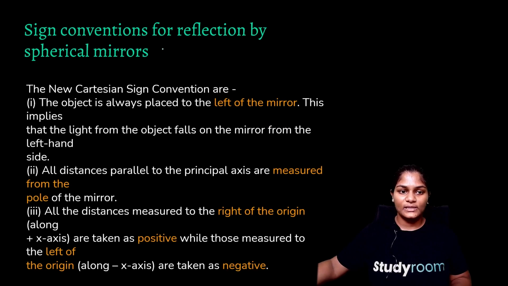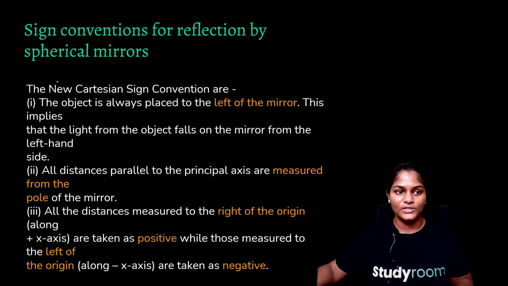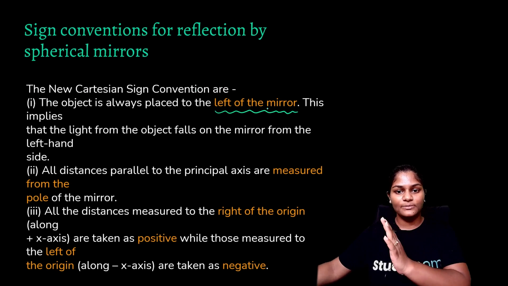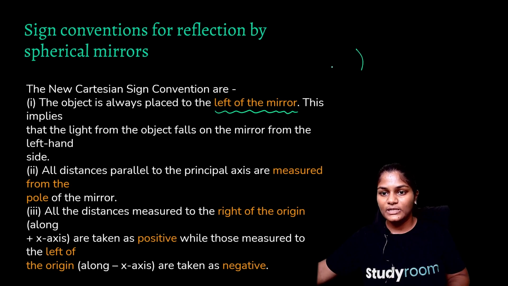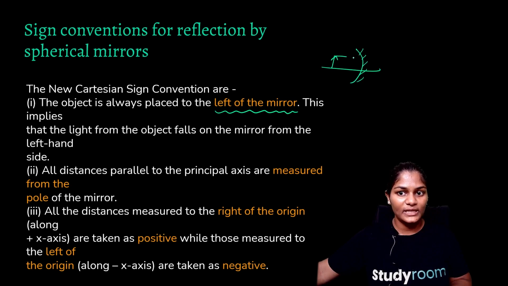Now, this is what we have studied and what I have just explained, written down in words. The new Cartesian sign convention says that the object is always placed to the left of the mirror. That was the first thing we saw. And the light from the object falls towards the mirror. That's why, if the mirror is like this and the object is like this, the ray we take is like this.